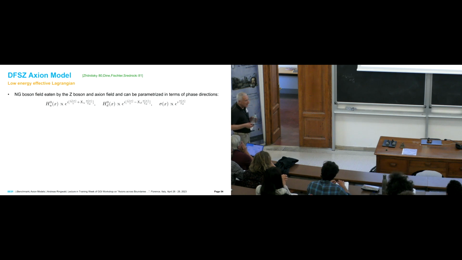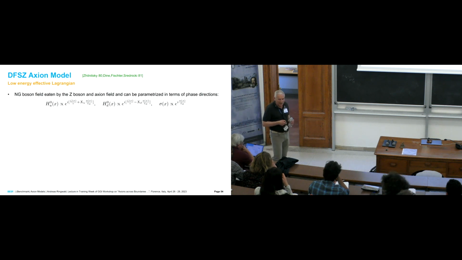It's not so easy to identify immediately the axion, because in this model, as I said, there are these Goldstone bosons which are eaten by the Z boson, and the axion field in principle mixes with this field.